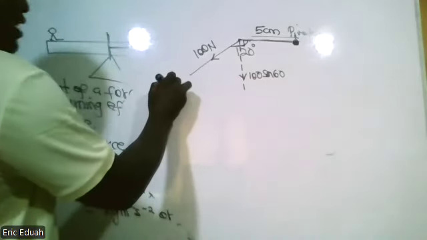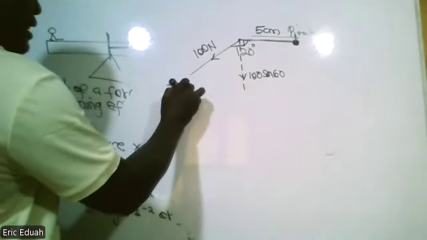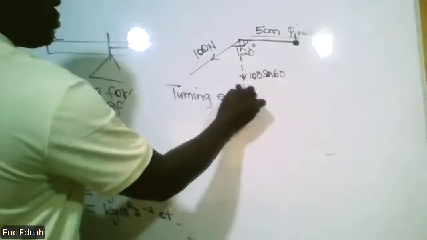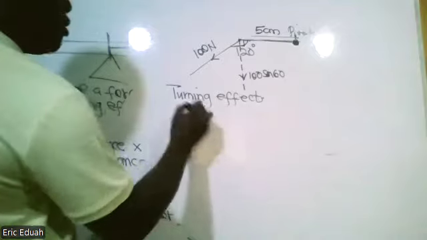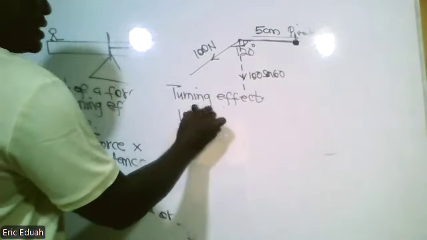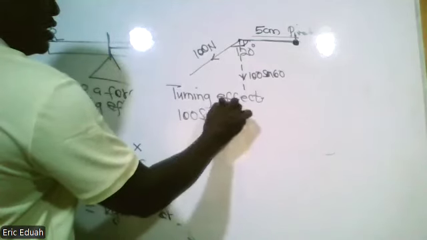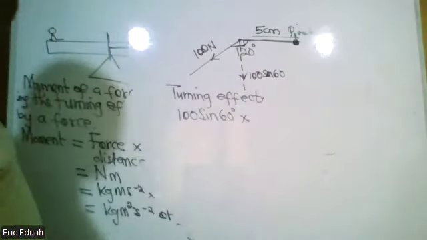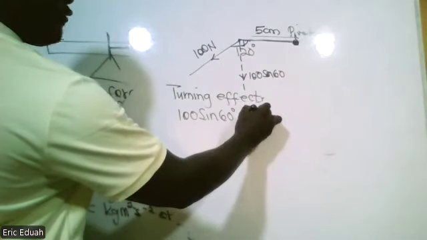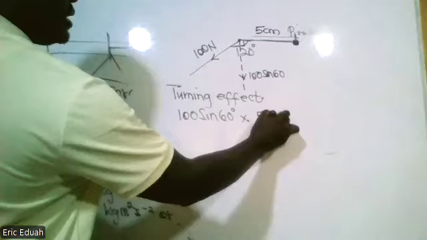So the turning effect produced by this, or moment, is 100 sine of 60 times the perpendicular distance, 5 centimeters.